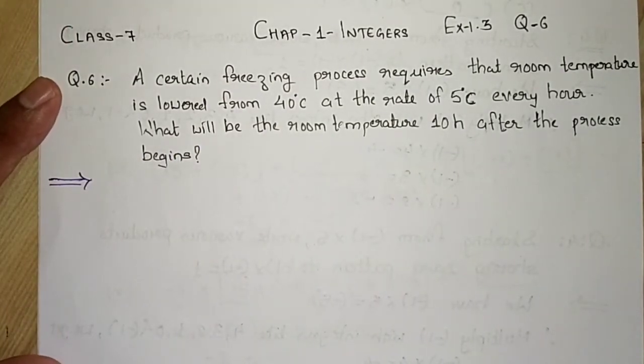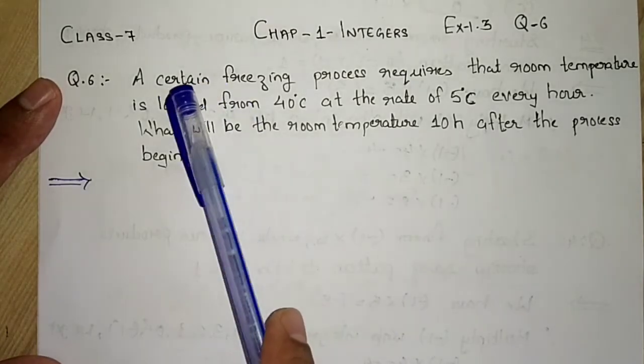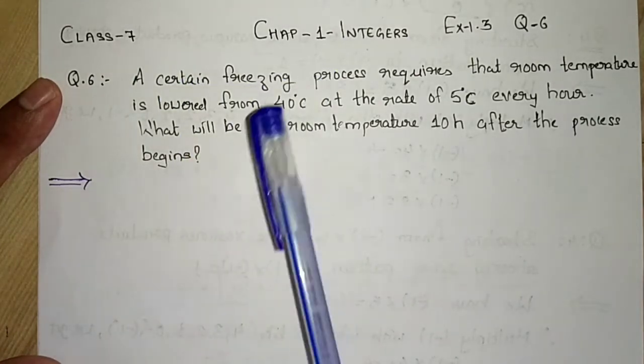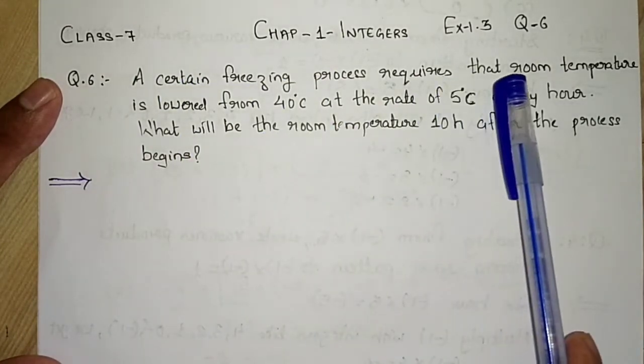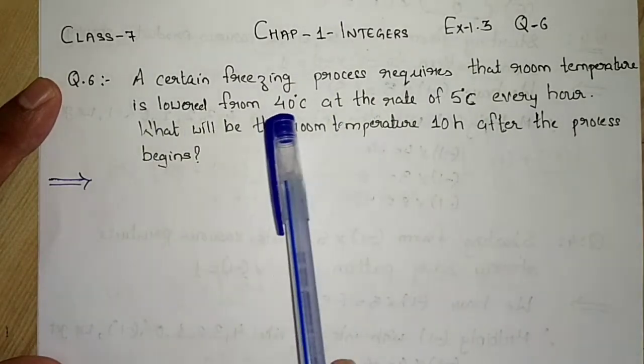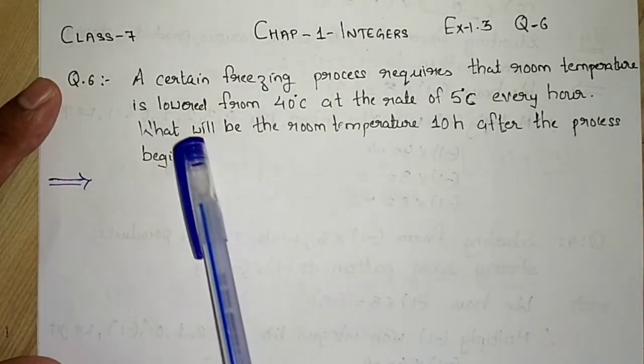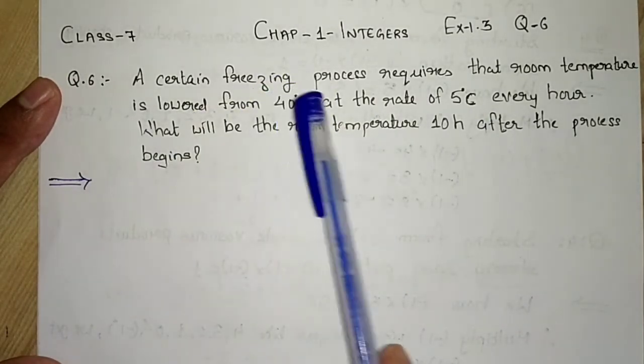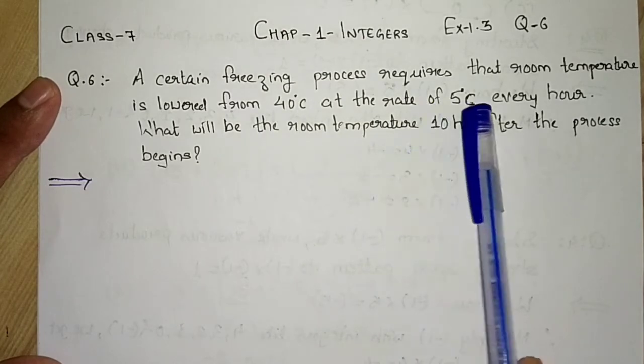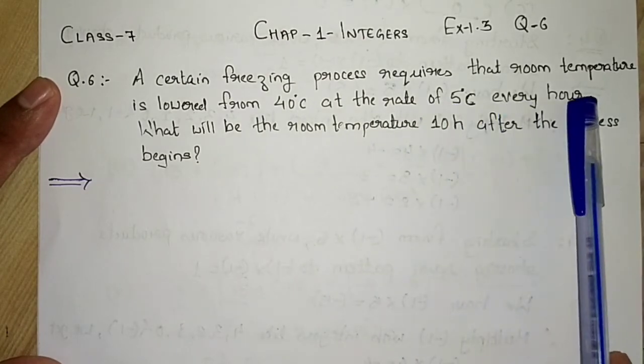Students, here they have told us that certain freezing process, it may be an air conditioner, it may be a cooler, it may be anything, any freezing process which requires that the room temperature, which is 40 degrees Celsius, is lowered from 40 degrees Celsius at the rate of 5 degrees Celsius every hour.